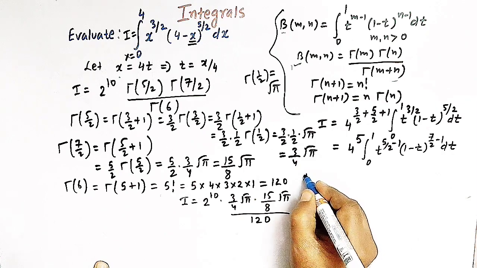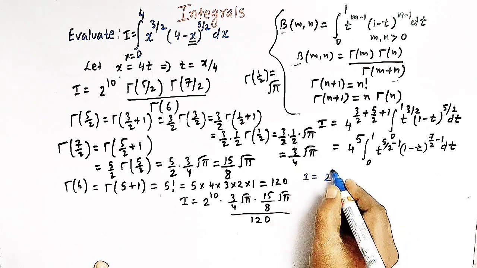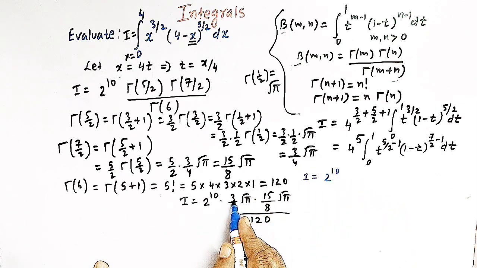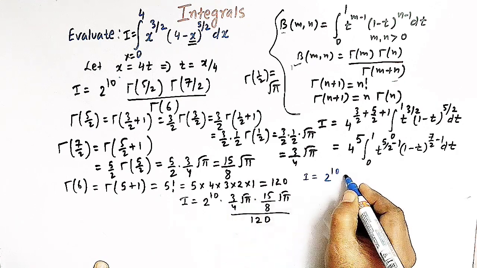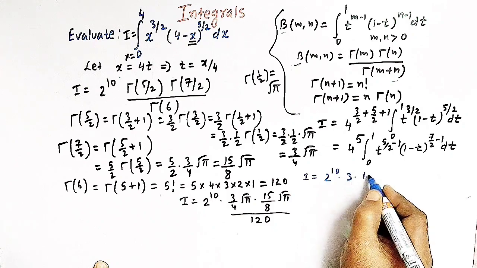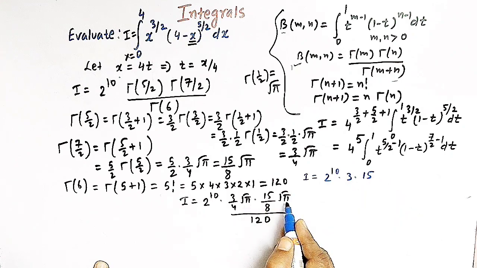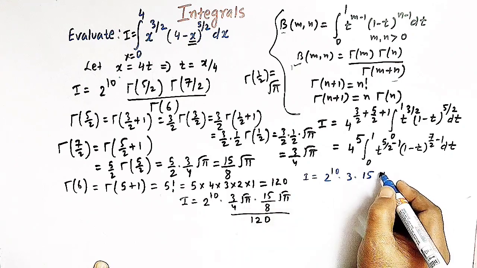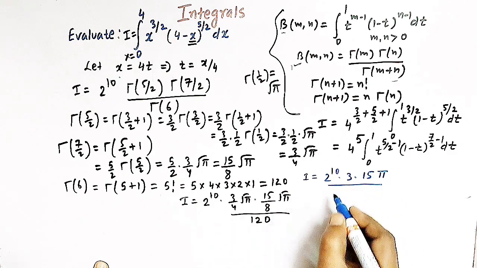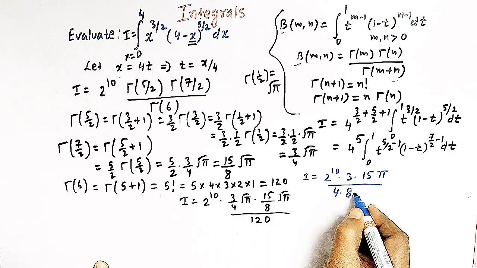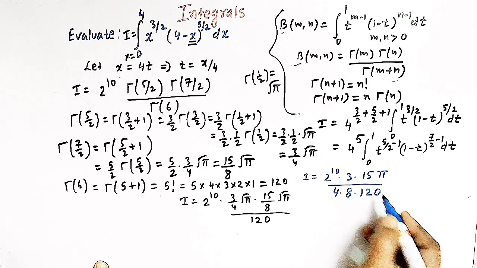So we can now write I is equal to 2 raised to 10, and here in the numerator we have 3 times 15. Root pi times root pi is simply pi, and in the denominator we can write 4 times 8 times 120.